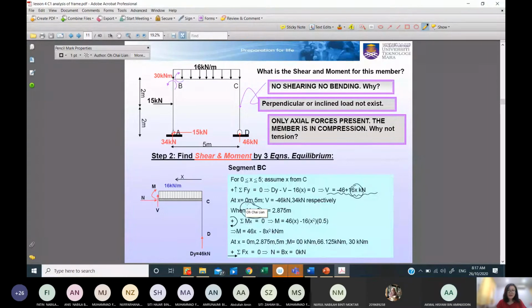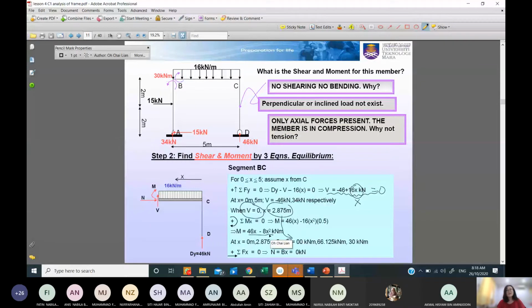Yeah. We need to take this V equal to 0 because this inflection will happen when V is equal to 0. So once we have these equations of V, we just set it to 0. You can get this X value. This X value is the distance that indicates the occurrence of this inflection point, where you later substitute the X into your bending moment equation.